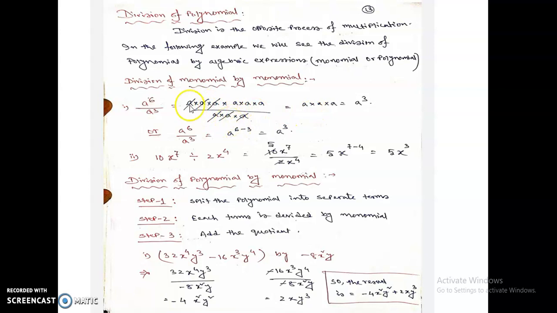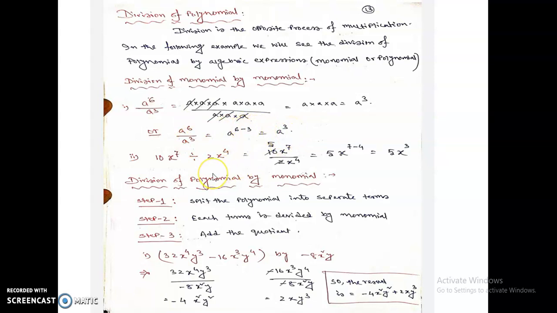So if I go for the cancel out process, 3 a's cancel out, and I get a into a into a, that means a cube. Or we can do one thing, that whenever we are dividing two terms, we know that the powers are subtracted. So a to the power 6 by a to the power 3 will give us a to the power 6 minus 3, and that will give us a to the power 3.